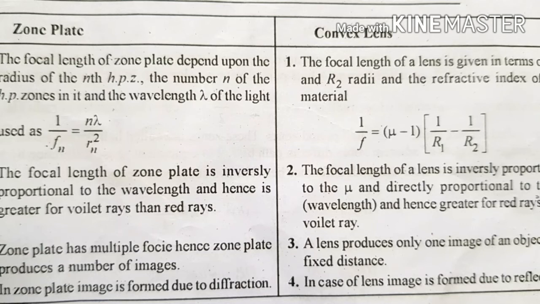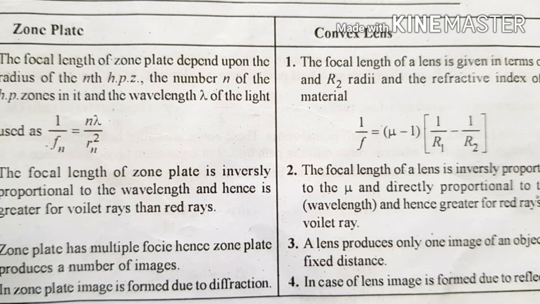Single focal point means single image. The next difference is in case of zone plate, the image is formed due to diffraction. But in case of convex lens, the image is formed due to refraction phenomena.